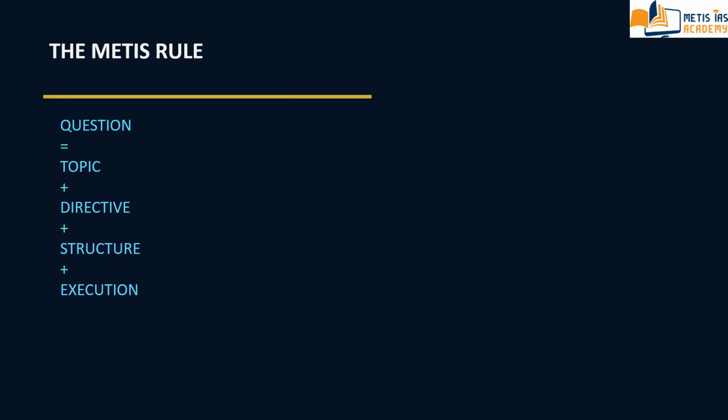The rule here is: when you encounter a question in the exam, first see the question. After that: topic, directive, structure, execution. If the content is weak, marks may reduce.